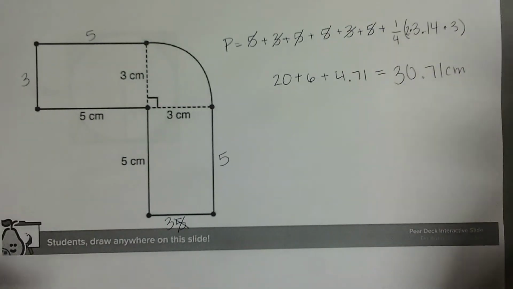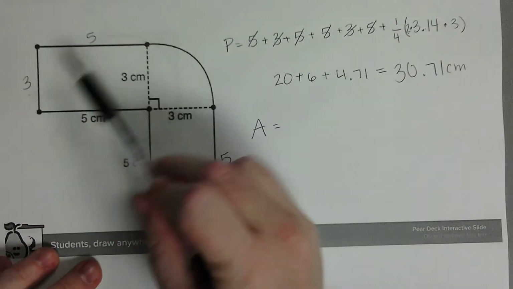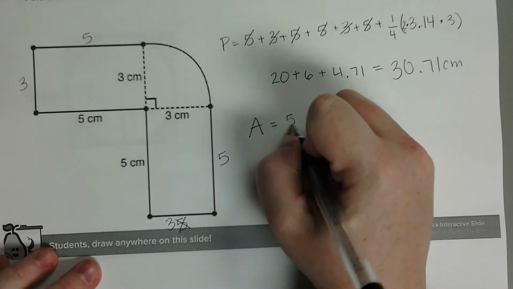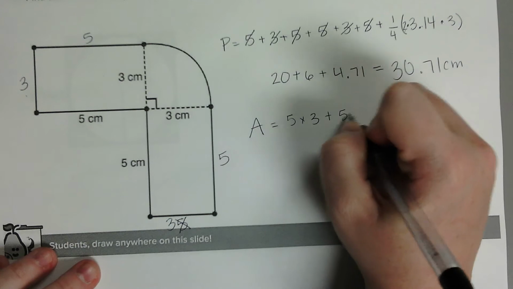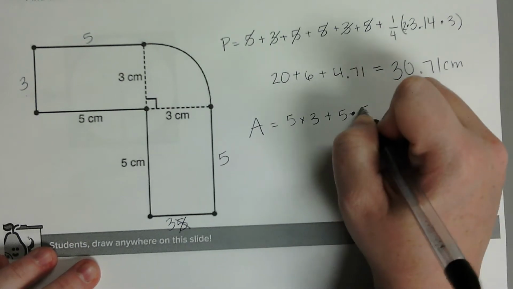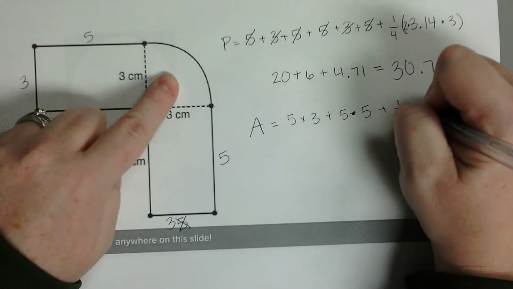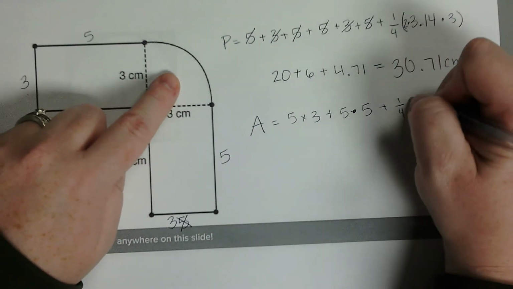for our perimeter. And area, we have 5 times 3 for this one and 5 times 3 for this one. 5 times 3 plus 5 times 3 plus area of our circle. We only have 1/4 of it. Area is pi r squared.